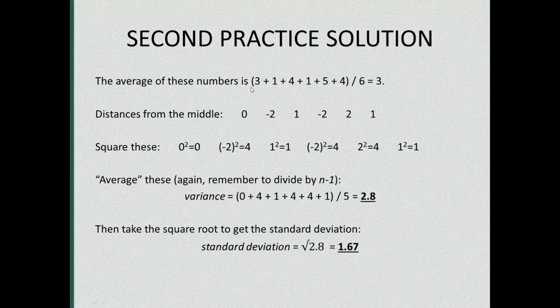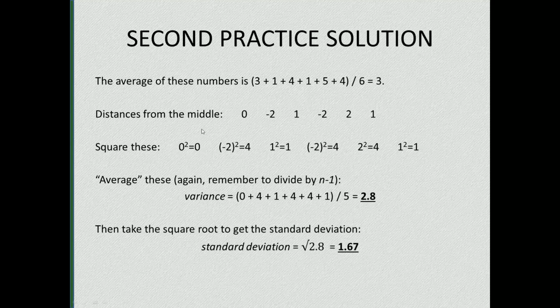Average distance to the middle. The middle, add them up, divide by 6, the average is 3. Look at how far each data point is to the middle. 3 minus 3 is 0. 1 minus 3 is negative 2. 4 minus 3 is 1, and so on. These are our distances from the middle.